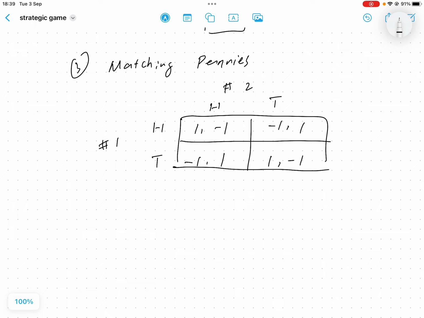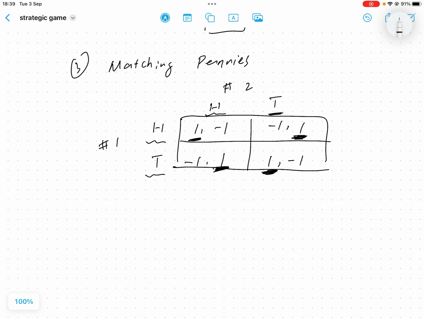We can see that if player 2 is choosing H, then player 1 is choosing H to get this one. If player 2 is choosing T, then player 1 is choosing T. If player 1 is choosing H, then player 2 is choosing T, and if player 1 is choosing T, then player 2 is choosing H. So we can see that there is no pure strategy Nash equilibrium, and we'll discuss what pure strategy Nash equilibrium means.